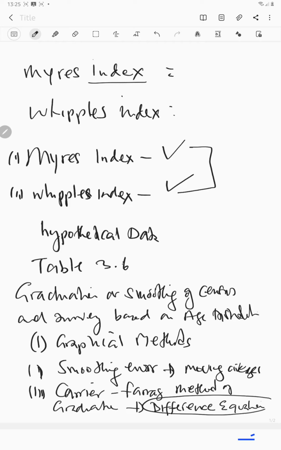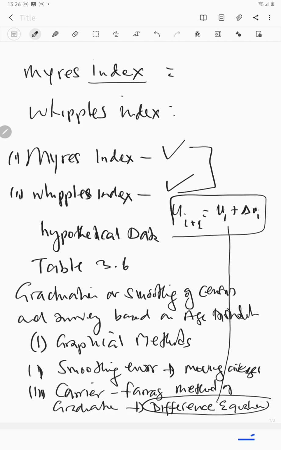Now, a difference equation is an equation which can be represented by u_{i+1} = u_i plus a change in u_i. We call these difference equations because you reach this particular point by adding a change in u_i, so that you can get u_{i+1}.